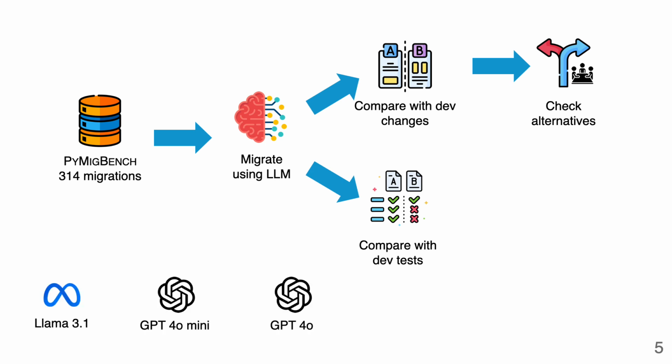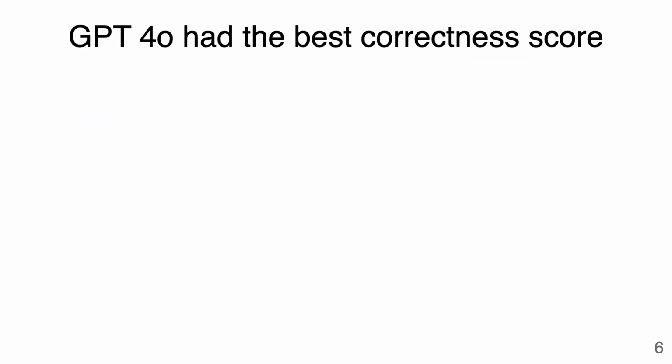We run our investigation pipeline using three LLMs: Llama 3.1, GPT-4o Mini, and GPT-4o. So, what was our finding? We found that yes, to a certain degree, LLMs are effective in doing library migration, with some restrictions.